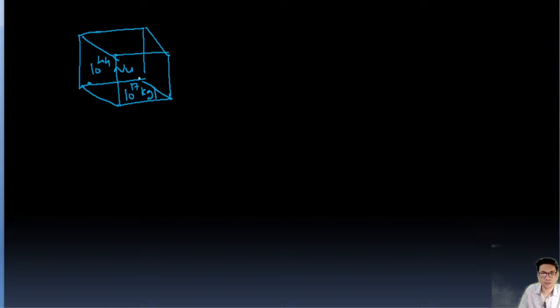Since it's a volume of 1 meter cube, the number of nucleons will be 10 to the power 44, and the mass of this box will be 10 to the power 17 kg.